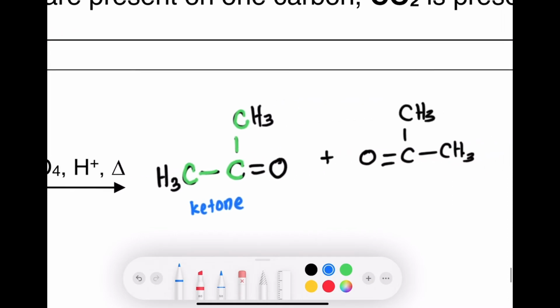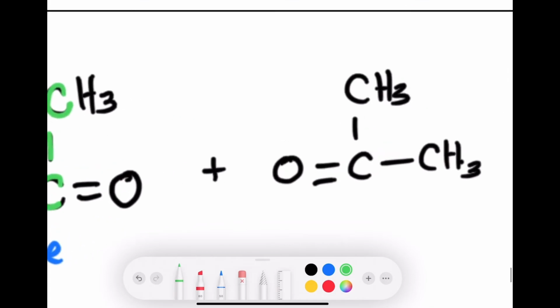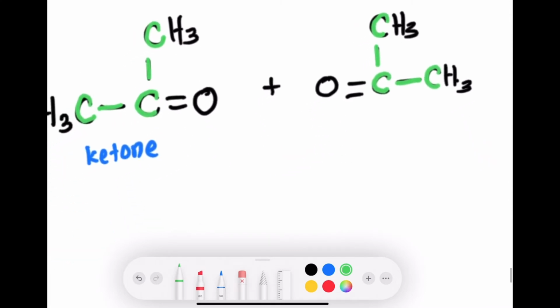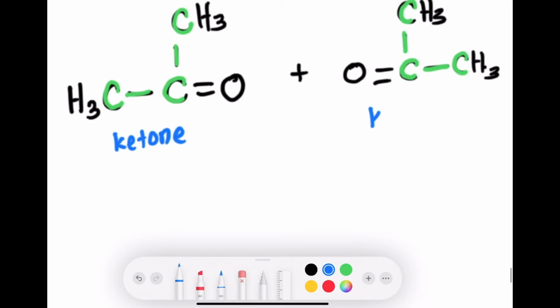And then, if we look at the second product, as you can see, the C double bond O is connected to one carbon and one carbon. So this is also a ketone. Now a ketone is a substance that cannot undergo further oxidation.